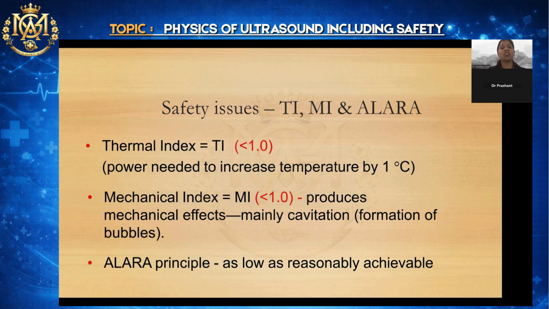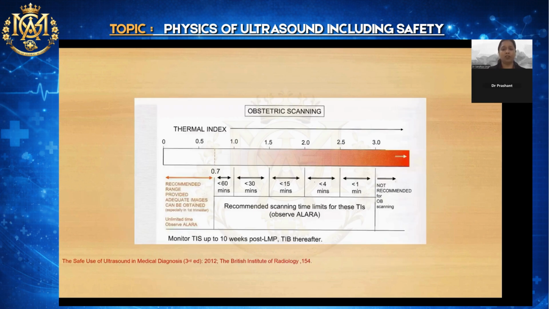Second, don't use higher-end ultrasound modes like Dopplers, color Doppler, power Doppler. They can cause problems. Now, how long you can scan depends on the thermal and the mechanical index. For anybody whose TI or MI is less than 0.7, you can keep on doing the scan for whatever time.